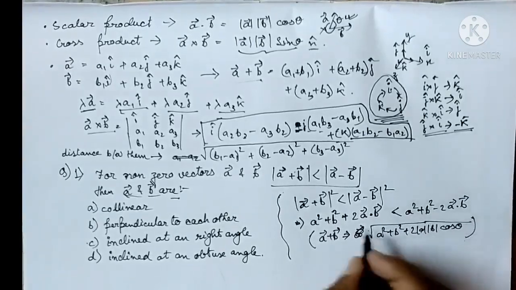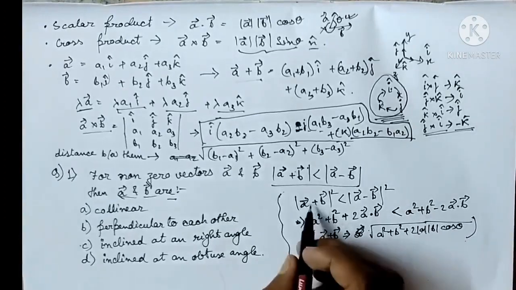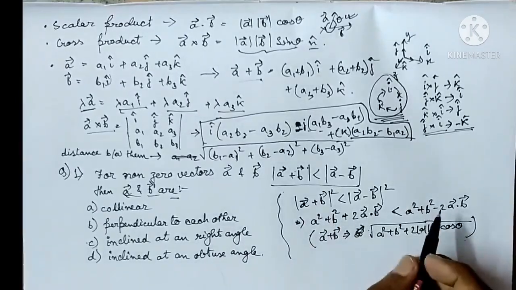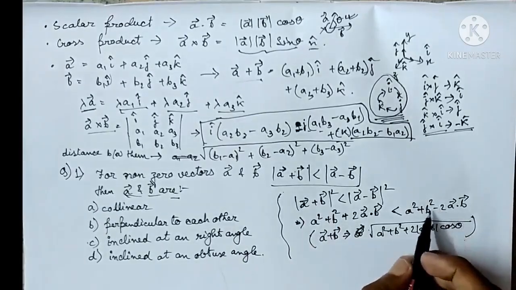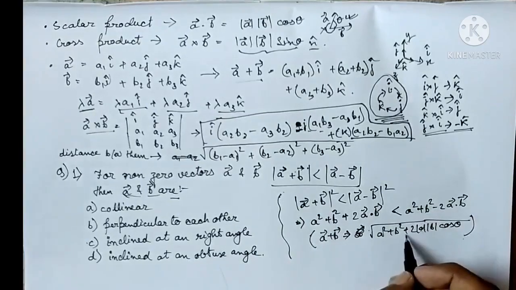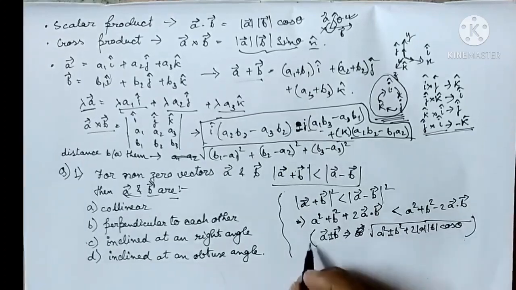Now you can see that we just use this formula and converted it from this to this. Now we are using the same here also, just this is the play of addition and subtraction.